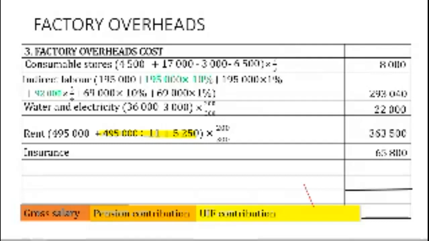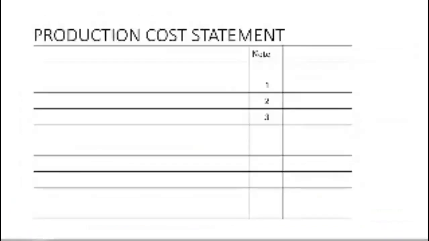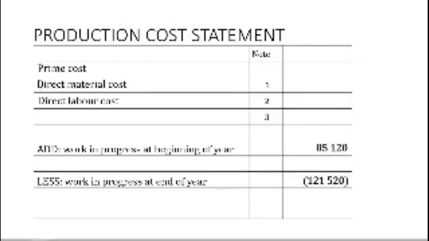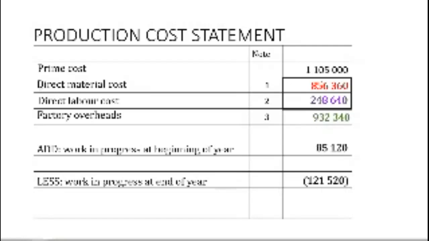And when I add everything here, I will simply include depreciation, which is 180, and then add it up. It'll give me 932,340. That 932,340, I'm going to take it straight to my production cost statement and include it as factory overheads. Okay, so that is note number 3. It will be factory overheads of 932,340.